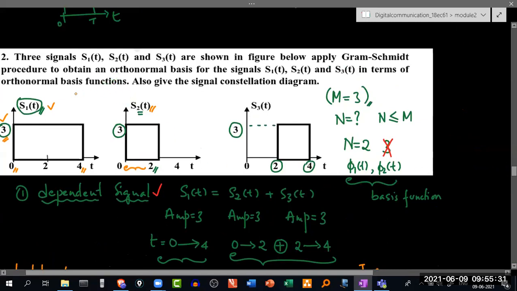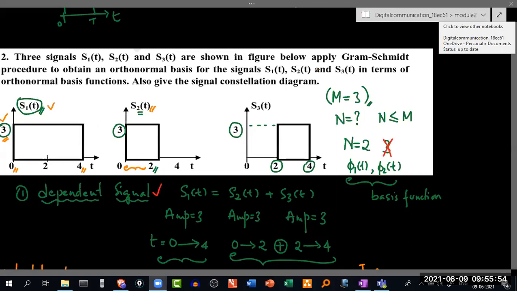Here, just look at this problem statement. How many signals am I having in this problem statement? Yes, 3. I'm having 3 signals over here, because of which I'm considering m equal to 3.